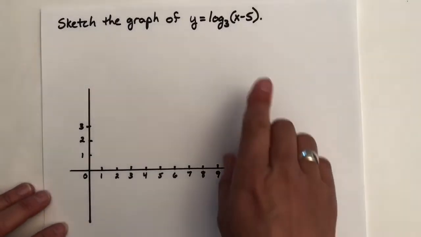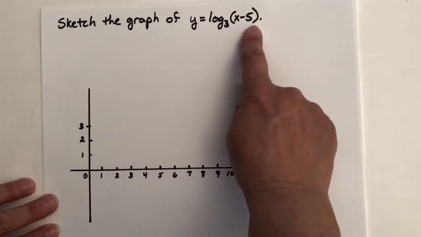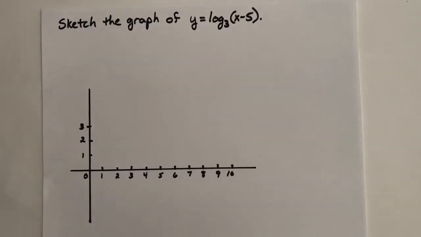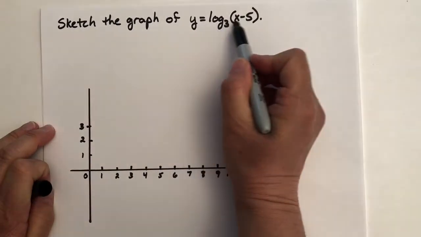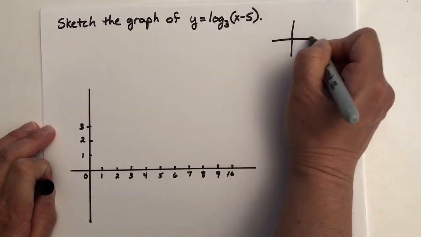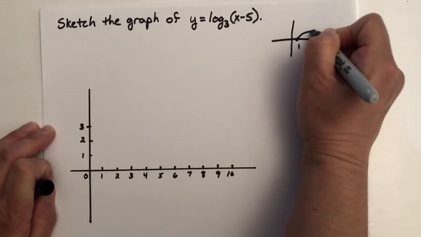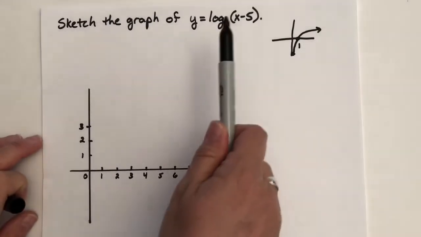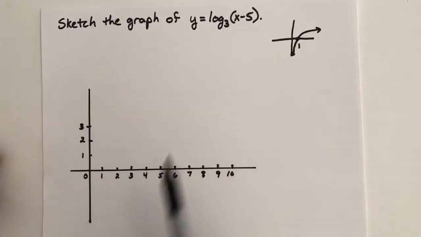As soon as you see x minus 5, I hope you recognize that's a horizontal shift to the right 5 units. So when I first see a logarithmic function, I'm thinking in my head, here's my base graph. I know it goes through 1. I have that idea in my head. But now I see I'm going to shift it right 5.